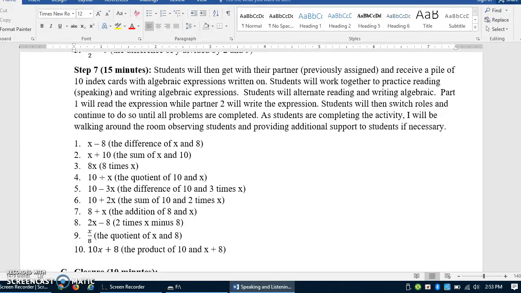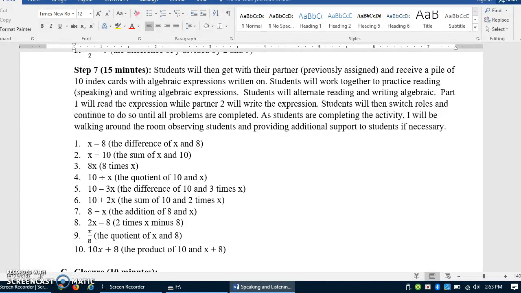The next thing I do is get them with partners. I like partners here because it allows me to pair students together based on their ability levels from the CDT results. I know basically where my students stand when it comes to algebraic expressions based on the CDT I give them in the beginning. The students will work together to practice reading, speaking, and writing the algebraic expressions.